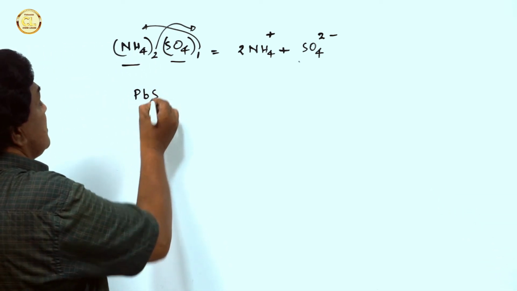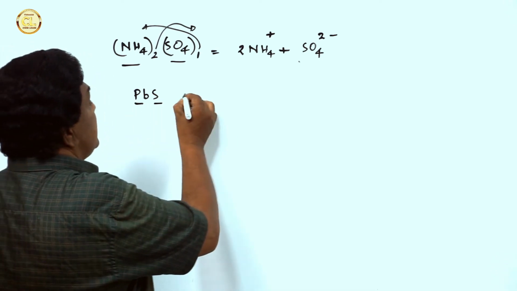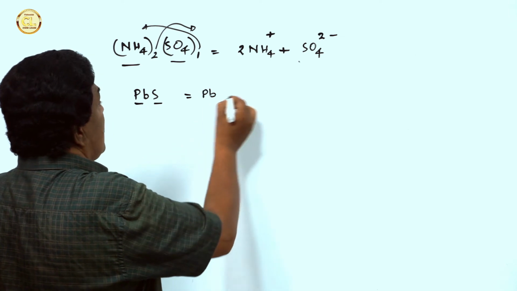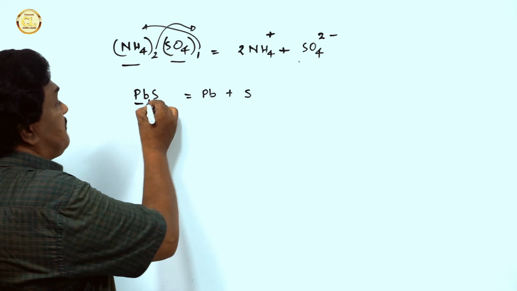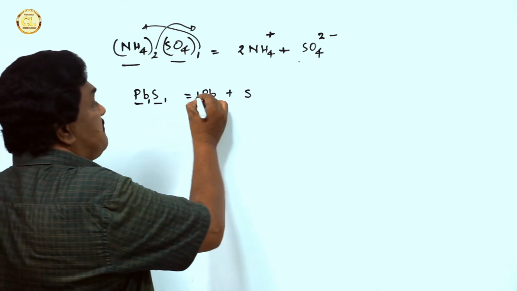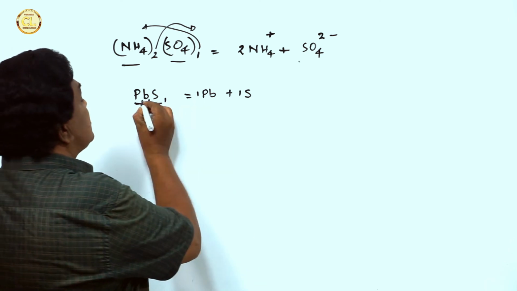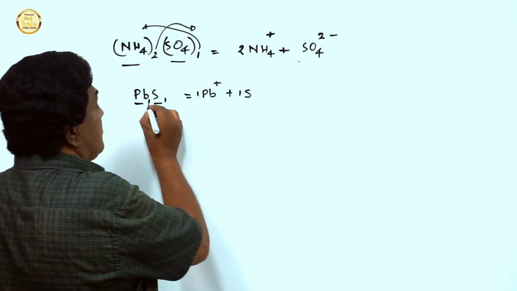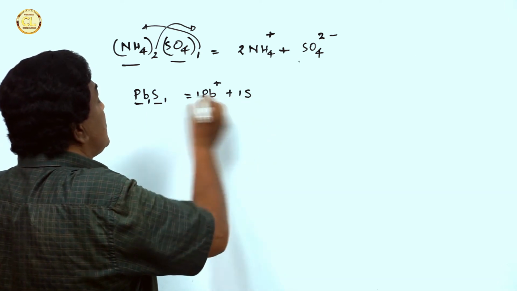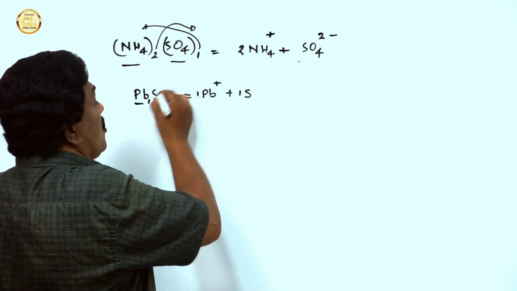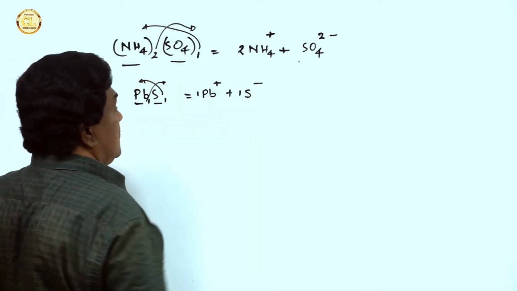PbS, you know, is lead sulfide. It contains the cationic part Pb and the anionic part S. And you know that there is one Pb and one S. What is the charge of Pb? It is plus 1 because the subscript is 1. And what is the charge of sulfur? It is also 1 because the subscript of lead is 1, so minus.